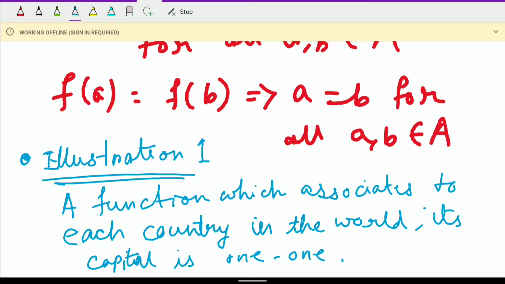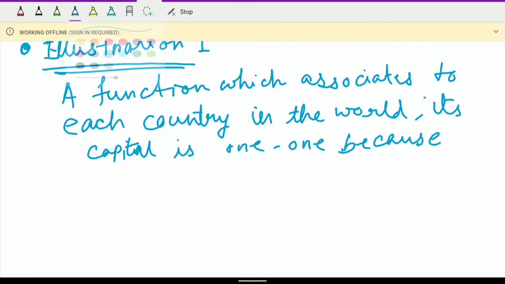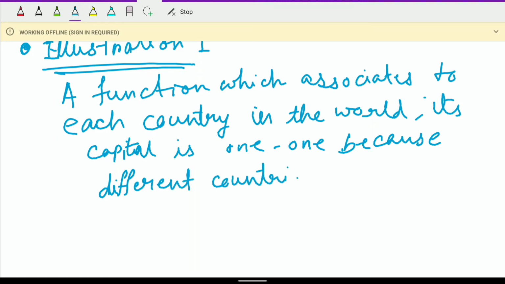Each country has its own capital, because different countries have different capitals.